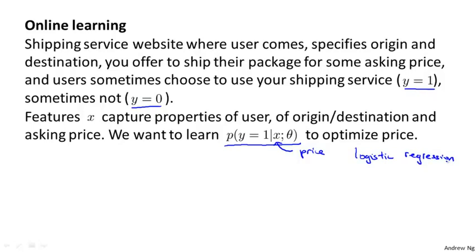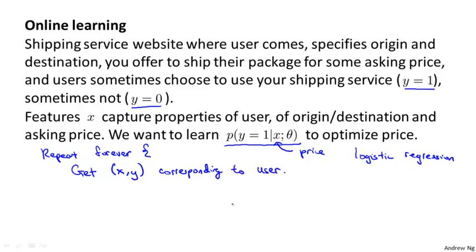Now, if you have a website that just runs continuously, here's what an online learning algorithm would do. I'm going to write repeat forever. This just means that our website is going to keep on staying up. What happens on the website is occasionally a user will come, and for the user that comes, we'll get some (x, y) pair corresponding to a user on the website.